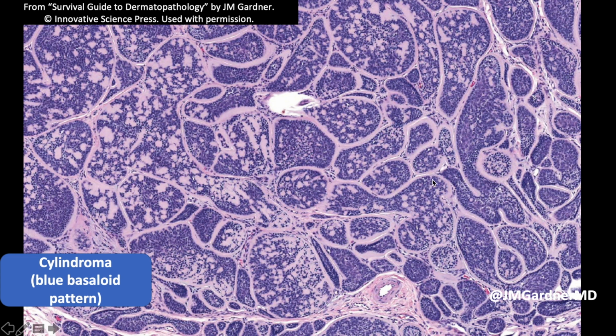I thought that was pretty clever, and I like that. And again, look, we've got really sclerotic hyalinized droplets of basement membrane material here in the islands of the tumor and also surrounding each of the individual nests. So very beautiful cylindroma. These often occur on the scalp and sometimes can be associated with syndromes like Brooke-Spiegler syndrome.